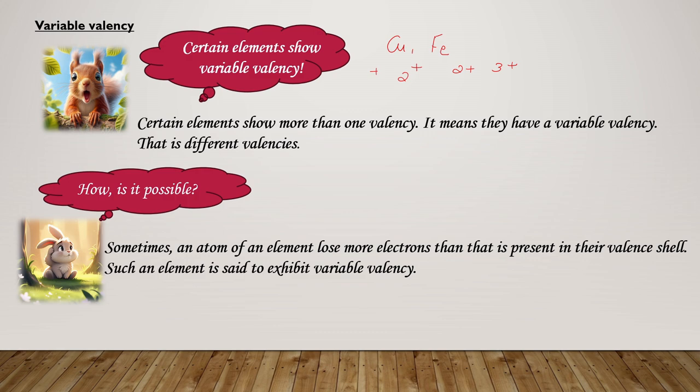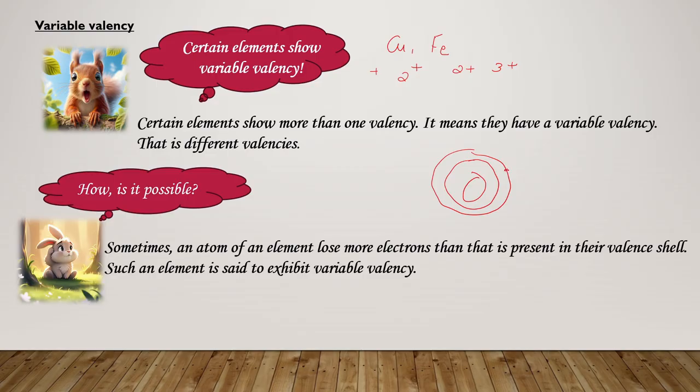It happens because sometimes an atom of an element loses more electrons than are present in its valence shell. Sometimes electrons are lost from shells which are not the last one, that is, the penultimate shell, which means the shell just before the last shell.